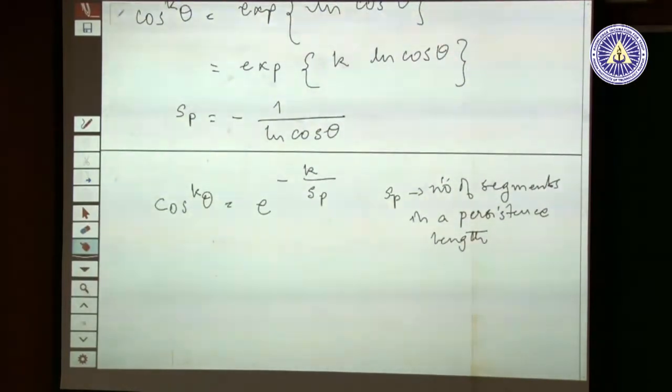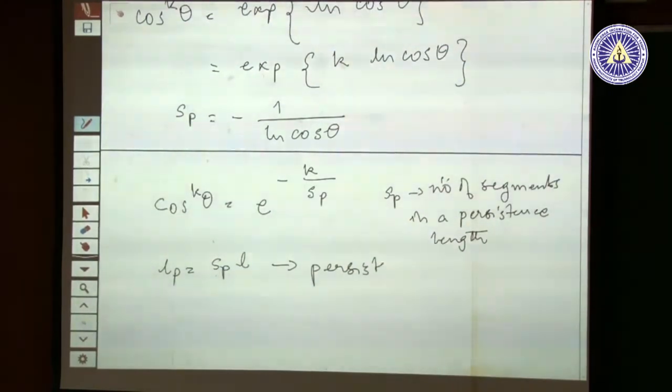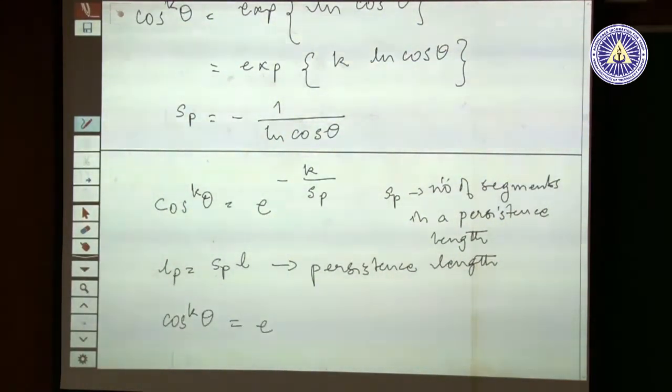We could define Lp as sp times L, which is called the persistence length, and then you can see cos to the power of k theta is e to the power of minus kL over Lp. So L is a bond length, kL is that many bond lengths, k times L distance. When that is large compared to the persistence length Lp, your cosine function goes rapidly to 0.